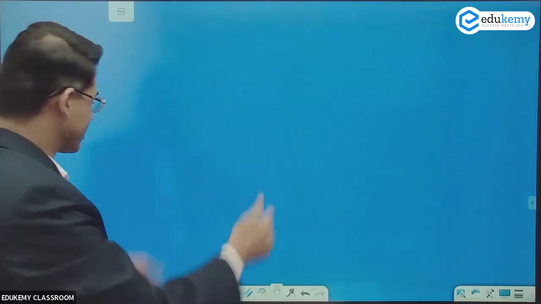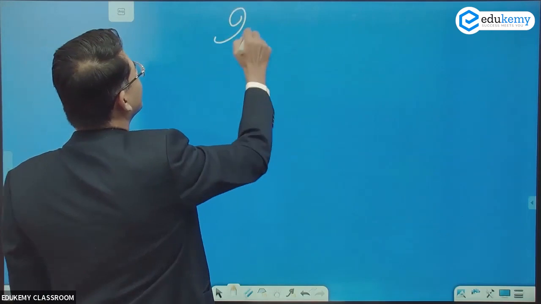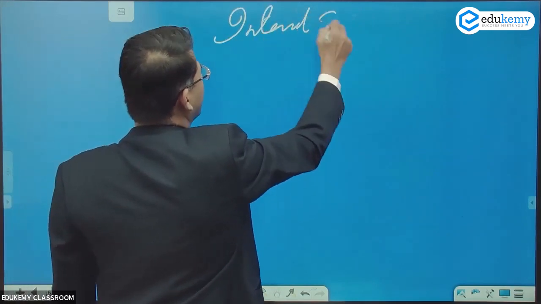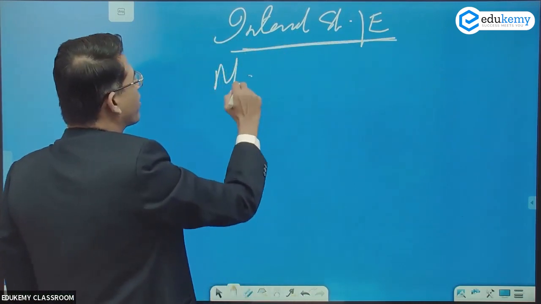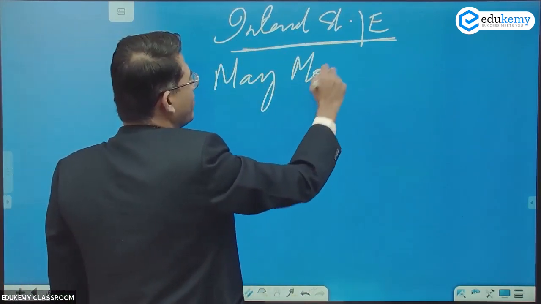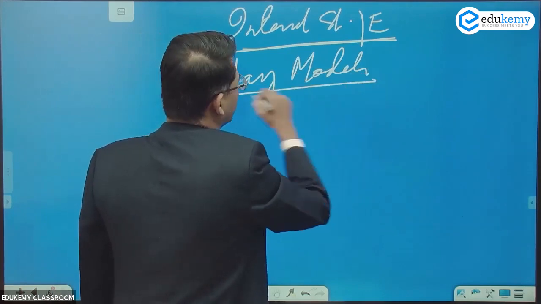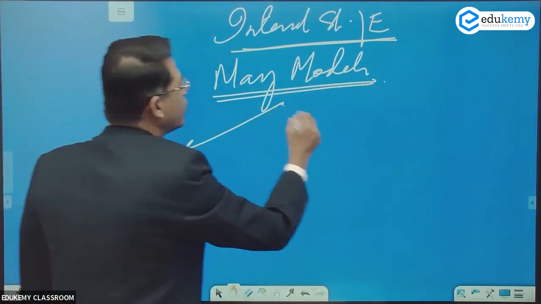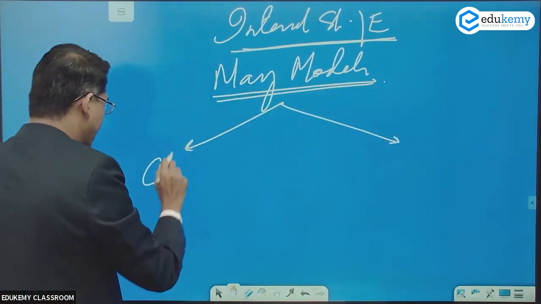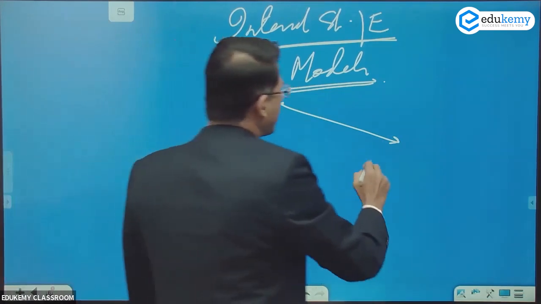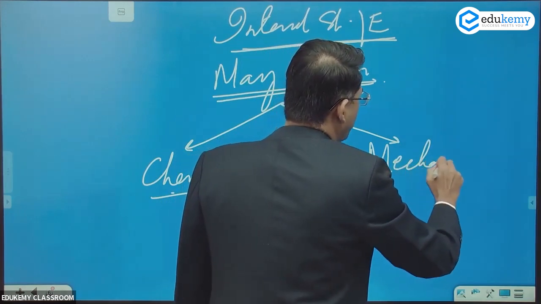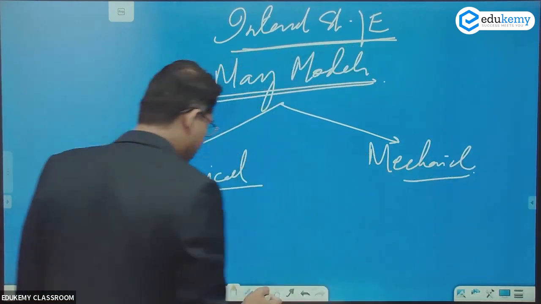So you understand this. Now you come towards the internal structure of Earth. I said there are many models, but the more contemporary ones, the more recent ones, we have one model of chemical layering and one model of mechanical layering.